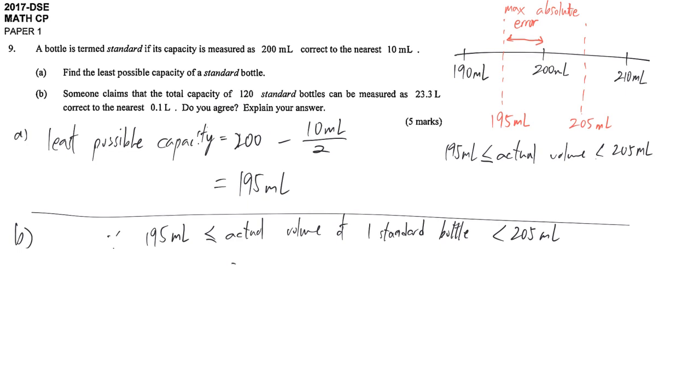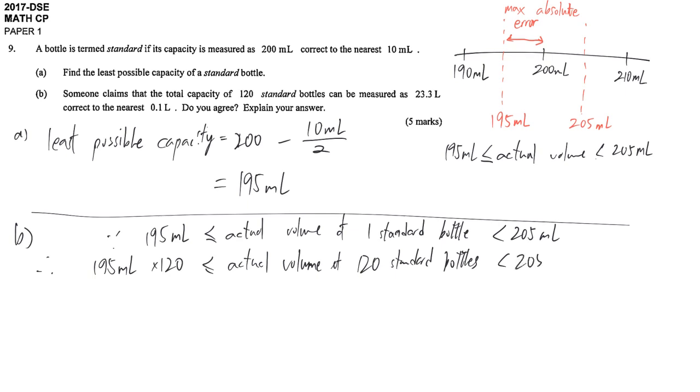Therefore the actual volume of 120 standard bottles is 195 ml times 120, and 205 ml, the greatest possible case, times 120.